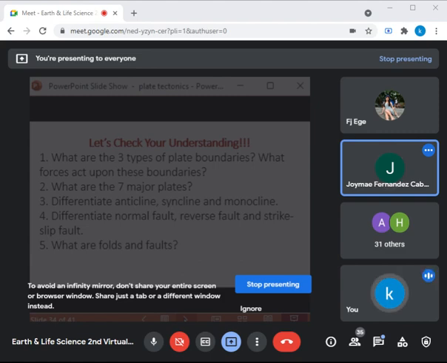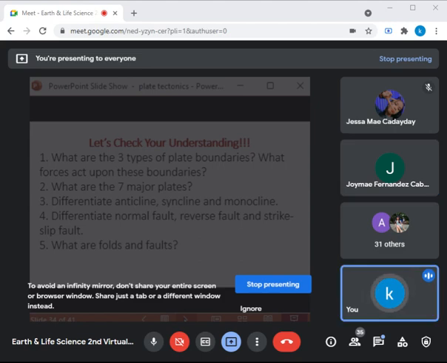Okay, let's have Rivera, Anthony. Okay, very good. For divergent boundary, Anthony, unsa nga force ang what forces are acting upon divergent, Anthony? Hmm? For divergent. Okay, let's have Kadayday. Divergent ka ng tulo. Divergent, convergent, o transform.